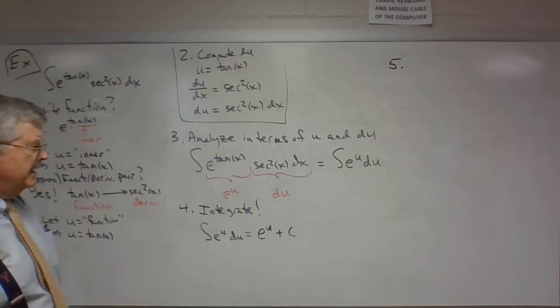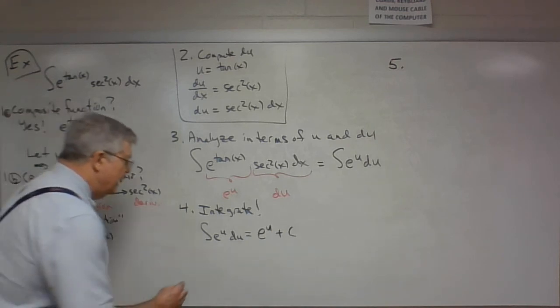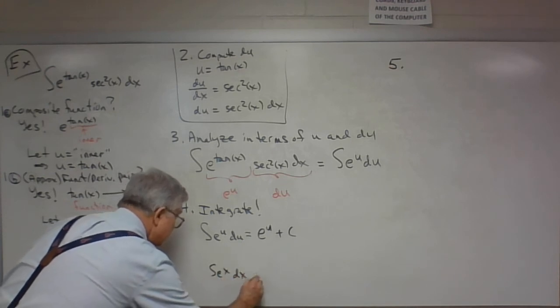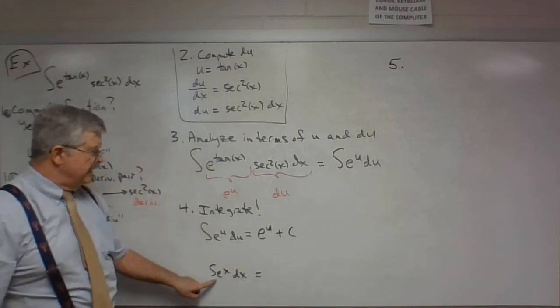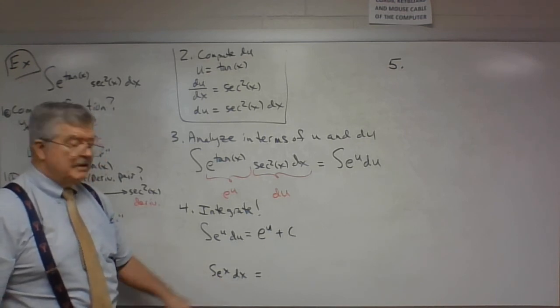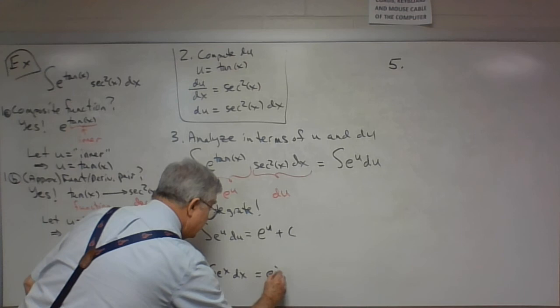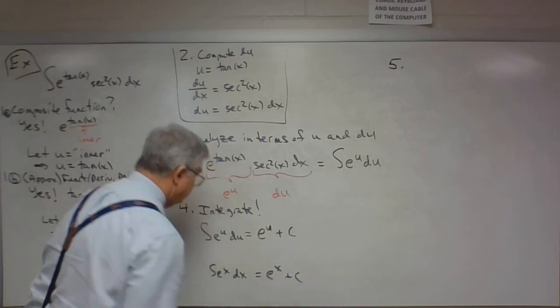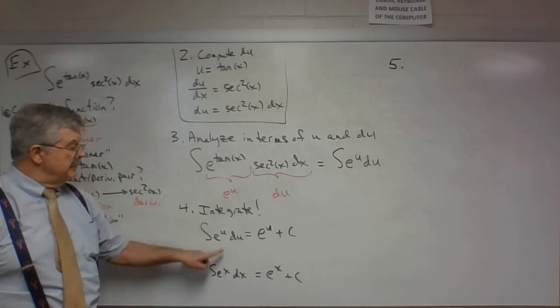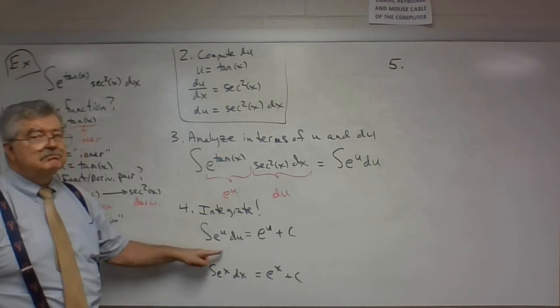And let's see, how did I know that? Well, let me ask you this for the sake of comparison. We know what the antiderivative of e to the x dx is, right? It's e to the x plus c. What's the only difference between this and this?